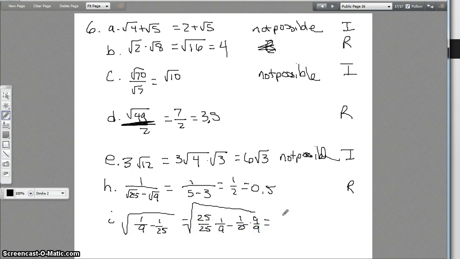And so what we're going to end up with is 25 minus 9 over 225, square rooted. 25 minus 9 is 16. So we need the square root of 16 divided by the square root of 225. That is 4/15, which is 0.26 repeating, and that is rational.